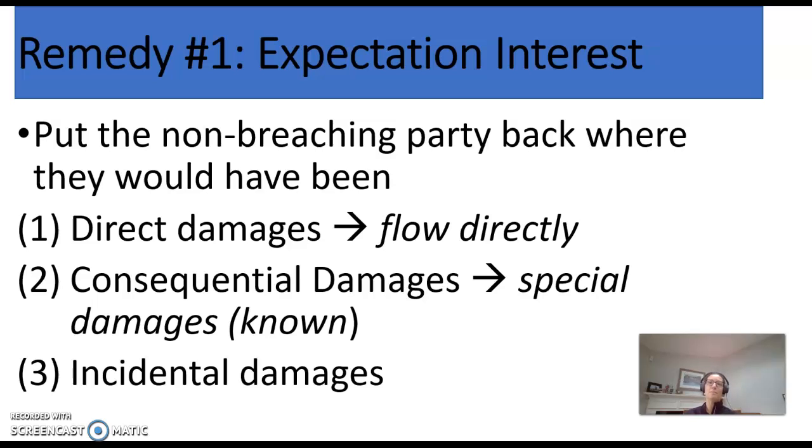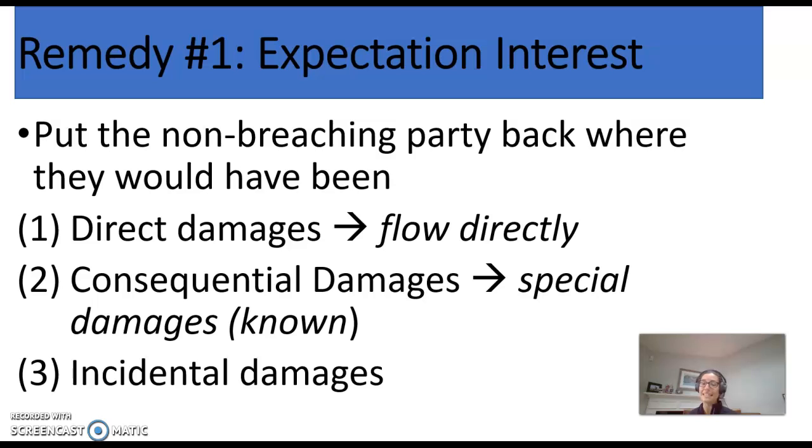The third type of damages that fall under this one called expectation interest go like this. What if, in hiring this new actress, the movie studio had to send its producers around the country, buy plane tickets, hotel rooms? What about all those other costs that are associated with the breach?